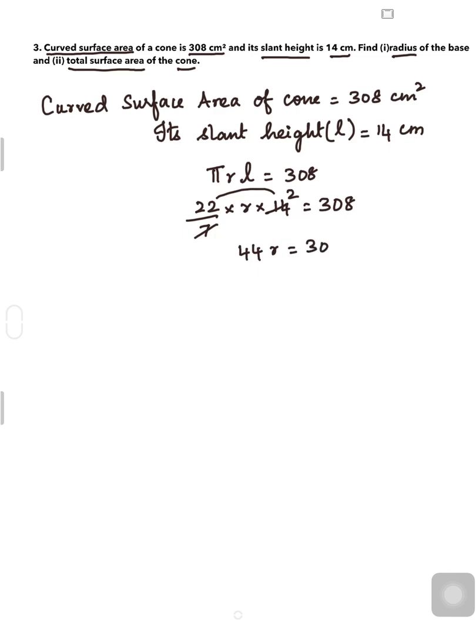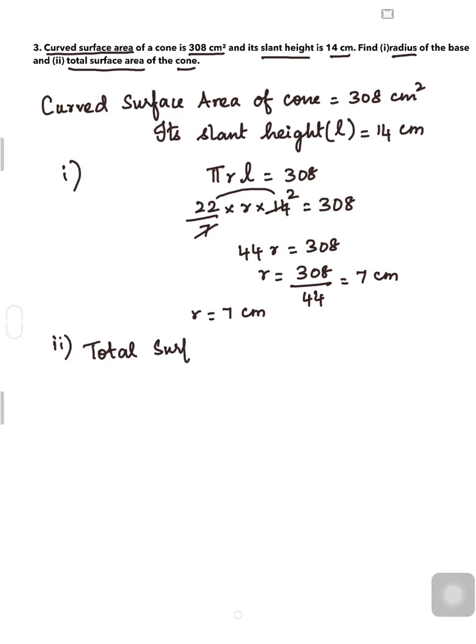So r is equal to 308 by 44. When you divide, you get 7 centimeter. So we got the radius as 7 centimeter. This is the first part, finding the radius. What is the second one? The total surface area of the cone. What is the total surface area of a cone?